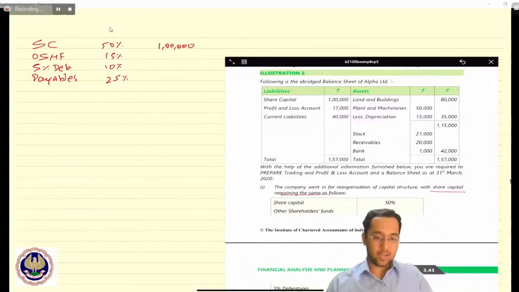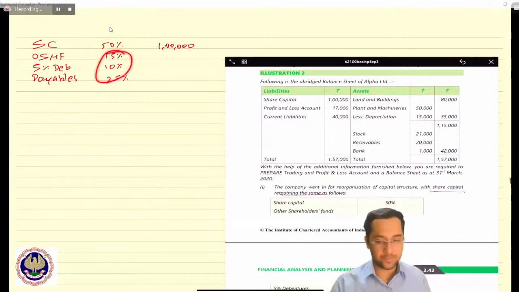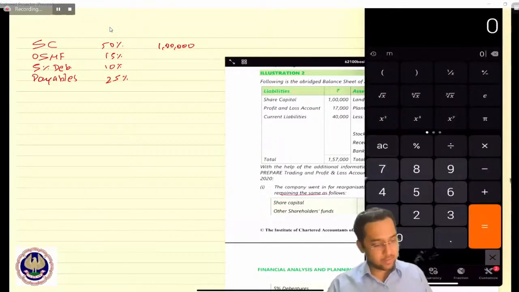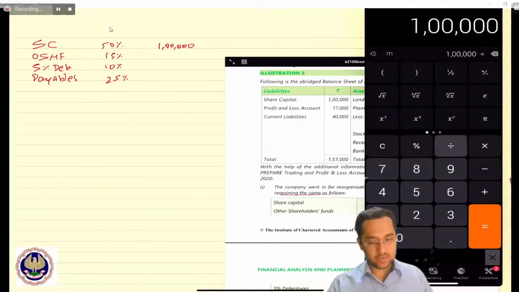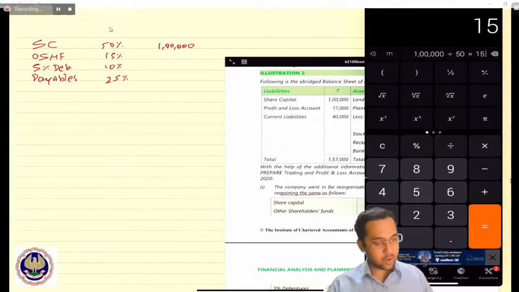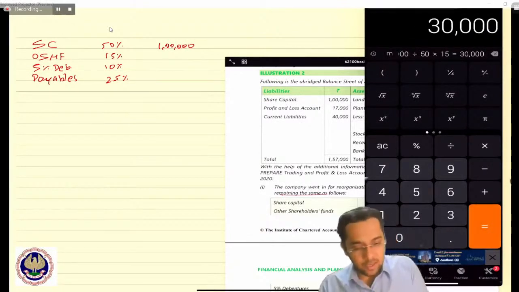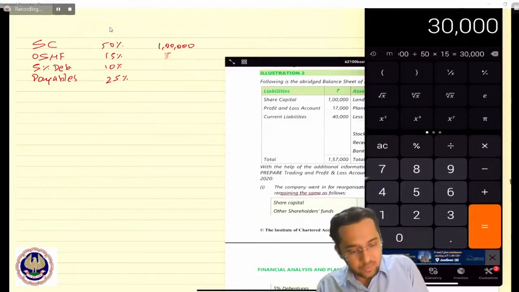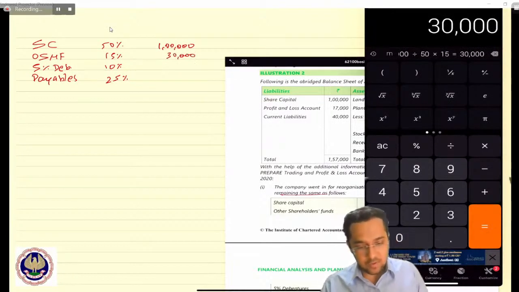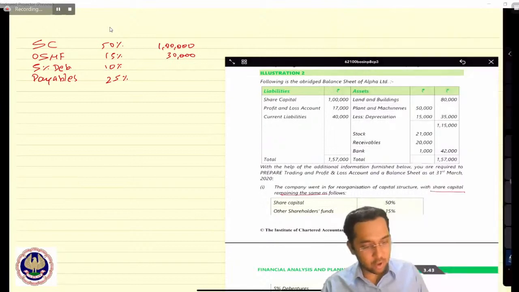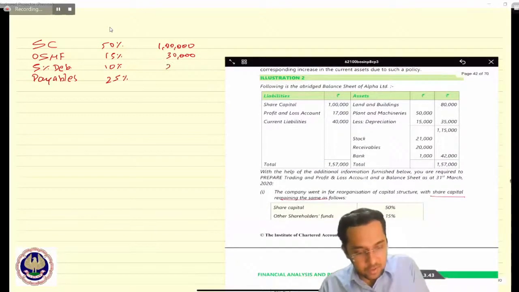So if share capital is 1 lakh, which is 50%, we can get these numbers quickly. 1 lakh is for 50. How much for 15? It should be 30,000. Then for 10%, you get 20,000.